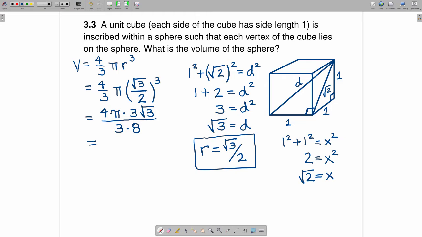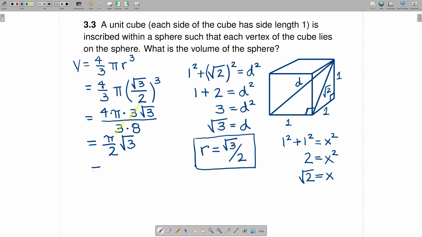So you can see that we can cancel here. This 3 right here cancels with this 3 right here, and also the 4 and the 8 give you a 2 in the denominator. So what you wind up with is pi over 2 times the square root of 3.